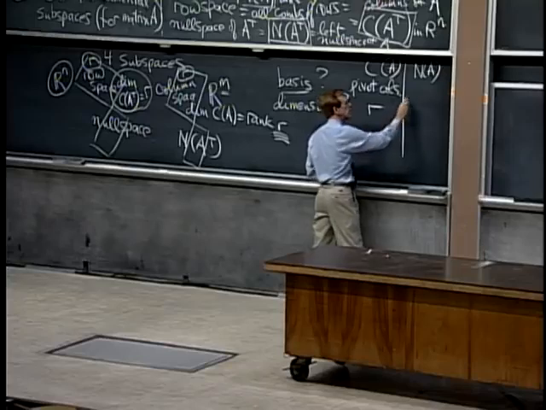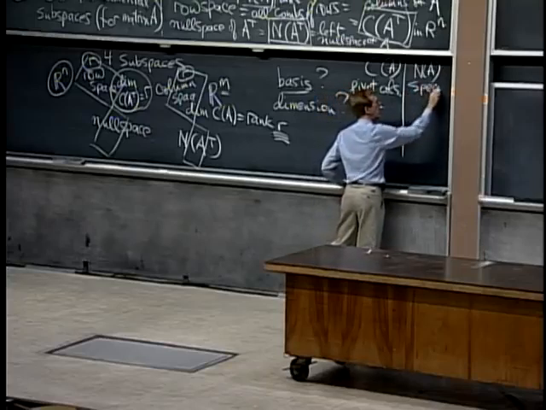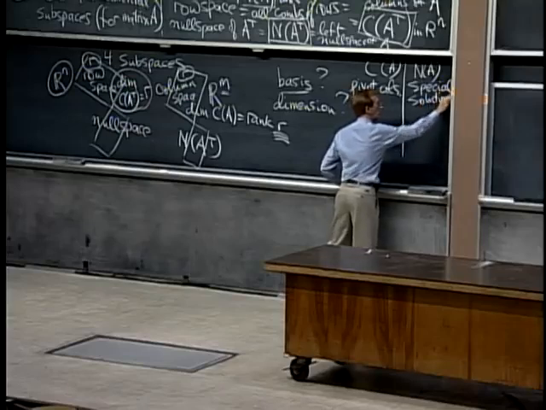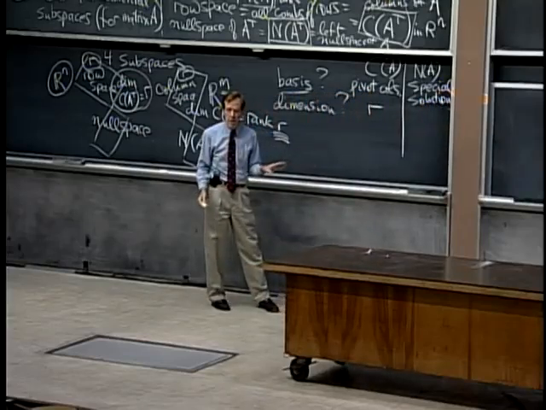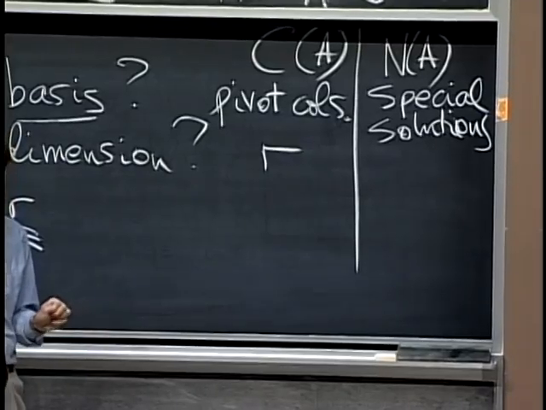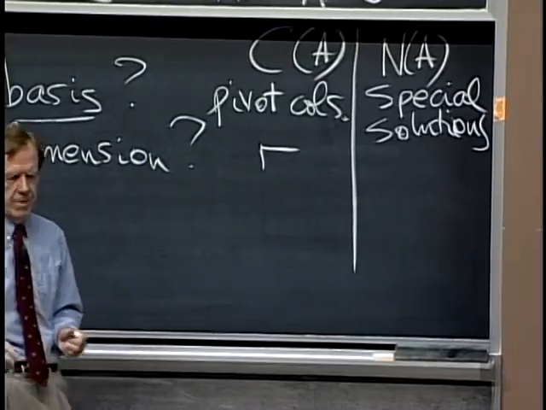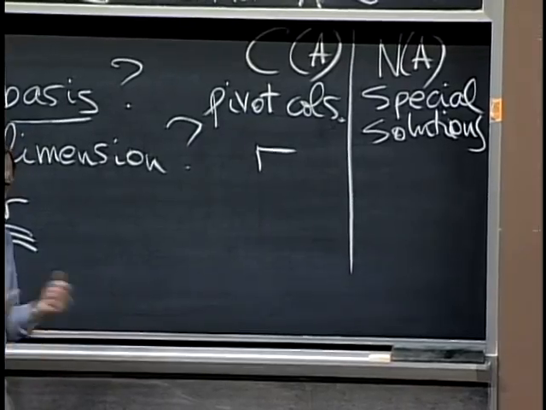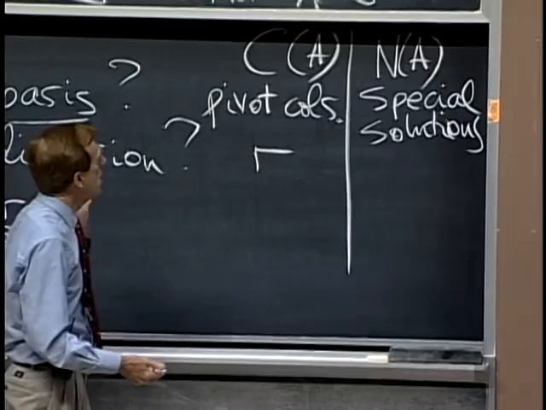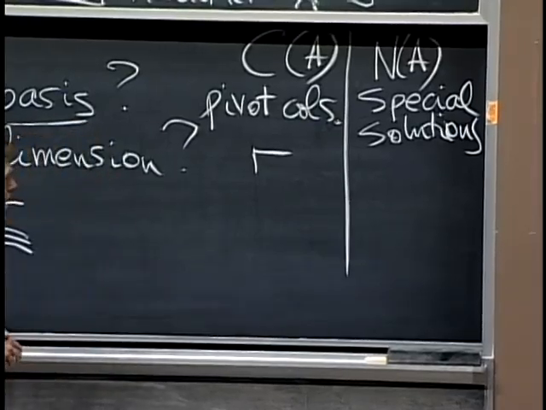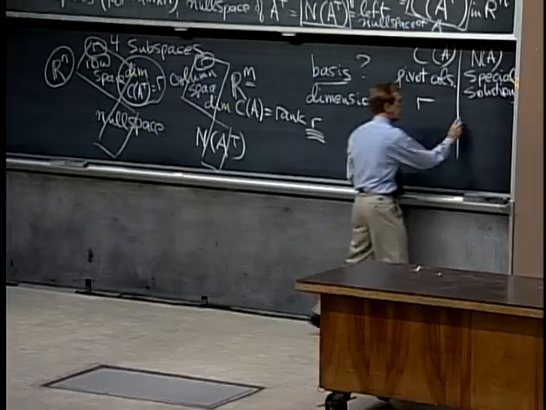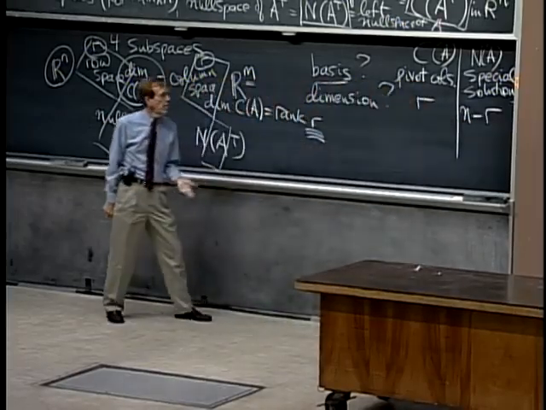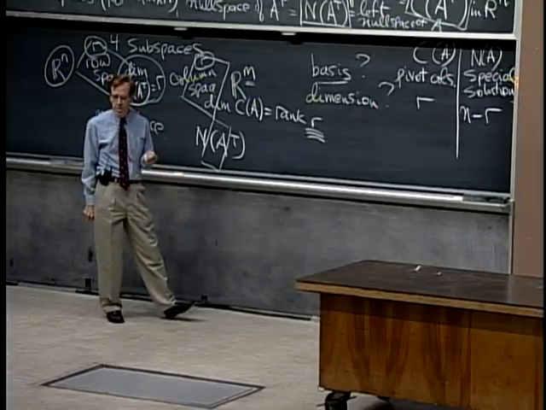So for the null space, a basis will be the special solutions. And there's one for every free variable, right? For each free variable, we give that variable the value 1, the other free variables 0. We get the pivot variables, we get a vector, a special solution. So we get altogether n minus r of them, because that's the number of free variables.